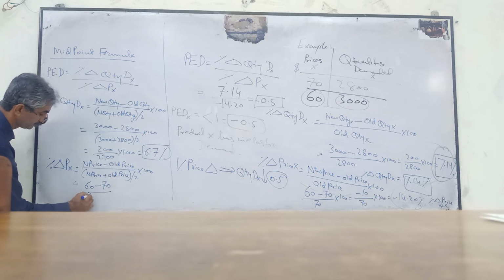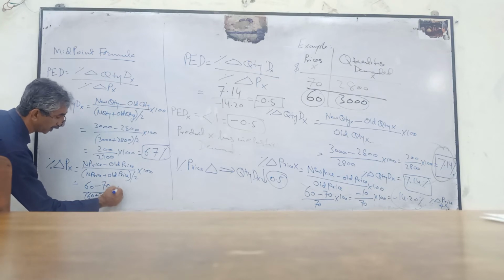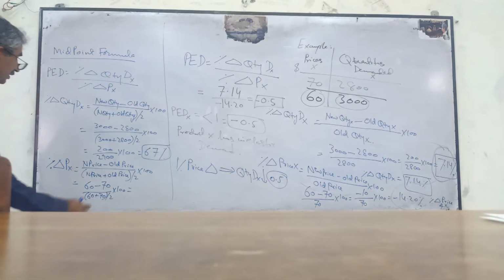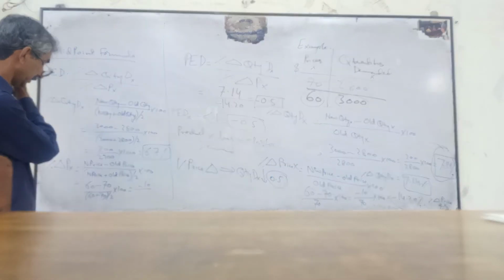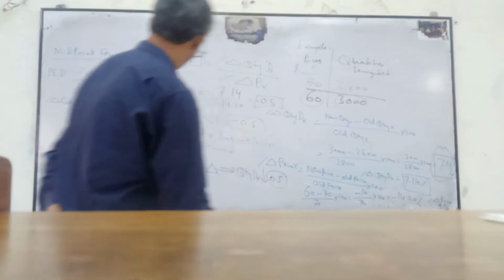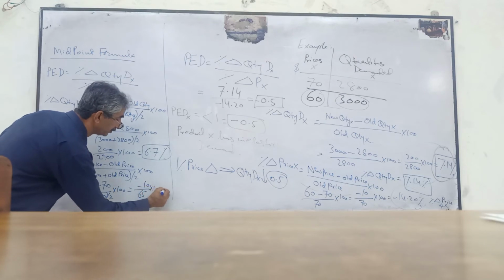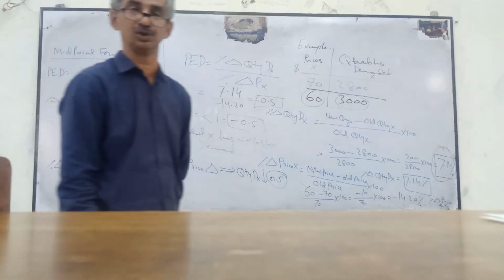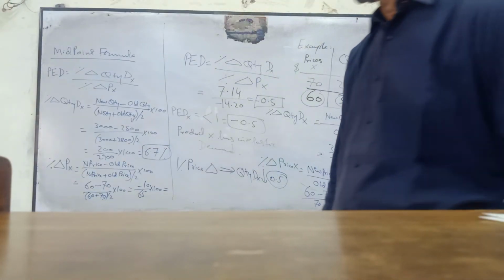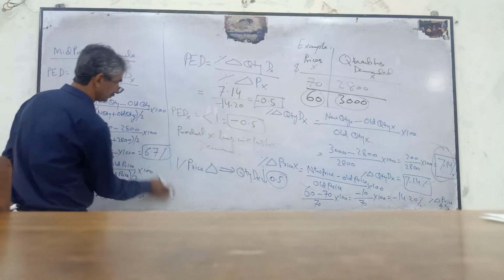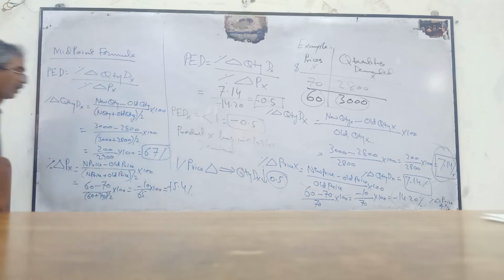So the answer is minus 10 divided by 65, into 100. When we calculate it, we get minus 15.4 percent.